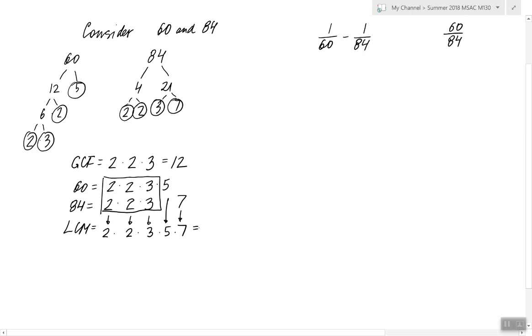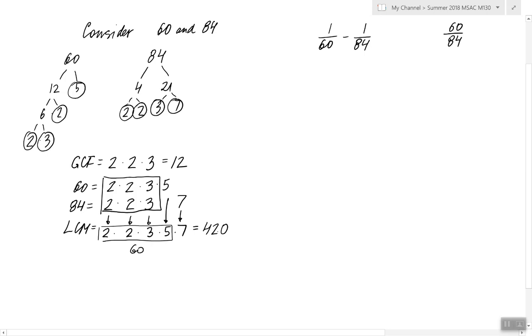And when we do that, we actually want to be clever about it. Instead of multiplying from the beginning and saying 2 times 2 is 4, 4 times 3 is 12, 12 times 5 is 60, we can actually start right away with 60, because 2 times 2 times 3 times 5 is 60. We know that. So to find LCM, we just have to multiply 60 by 7. So LCM of these two numbers is 420.